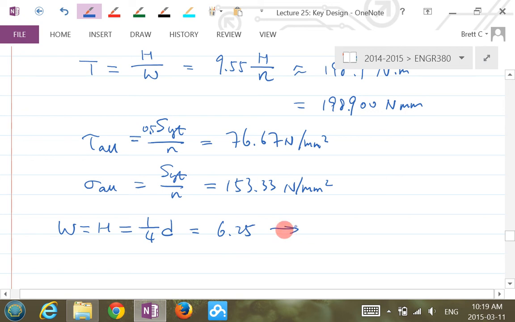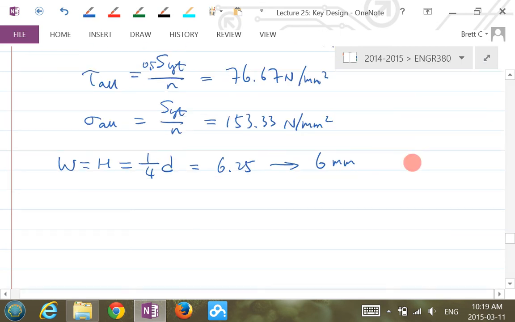At this stage, you can round it down instead of up for the W, because you're designing for the L, so the L length can compensate the deduction here. So we pick 6 millimeter from the table.